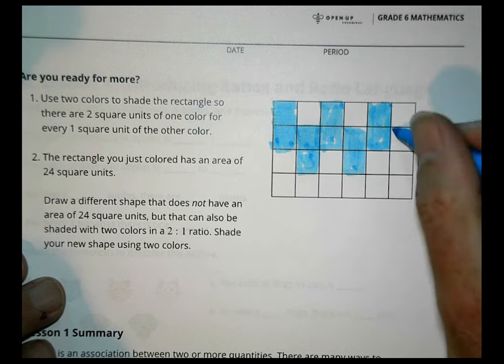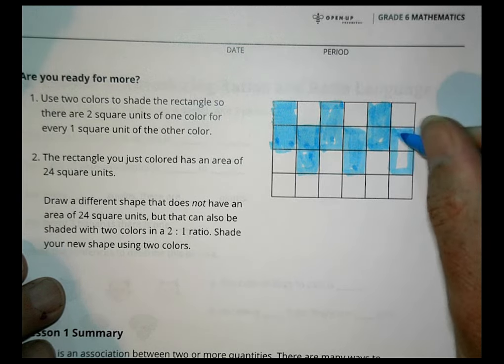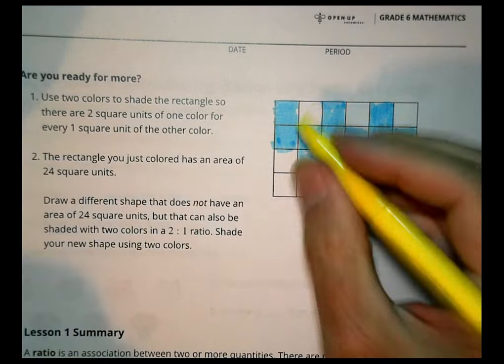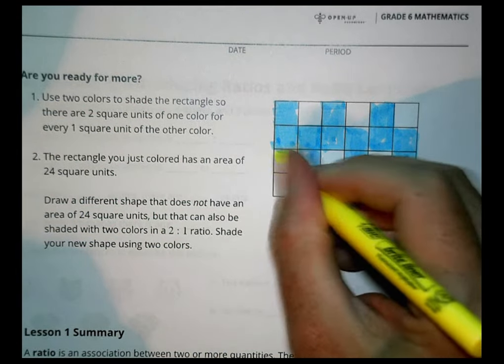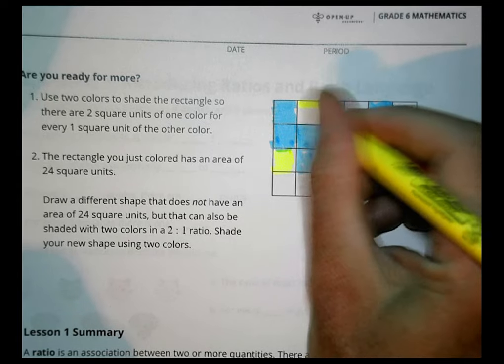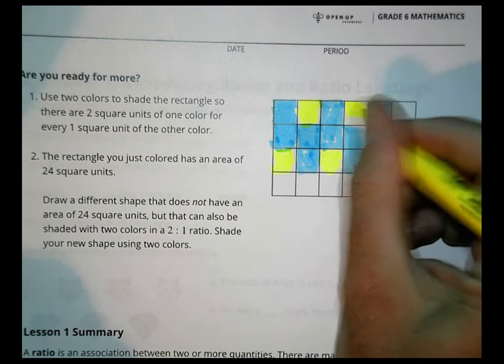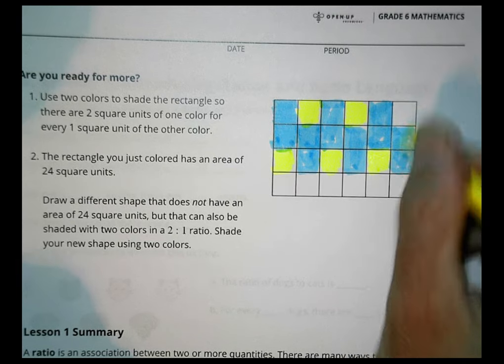And there are different ways of doing this, but this is just one way, right? So there's 2, and for every 2 blue, I'm going to have 1 yellow. So 2 blue, 1 yellow, 2 blue, 1 yellow, 2 blue, 1 yellow, 2 blue, 1 yellow, 2 blue, 1 yellow.